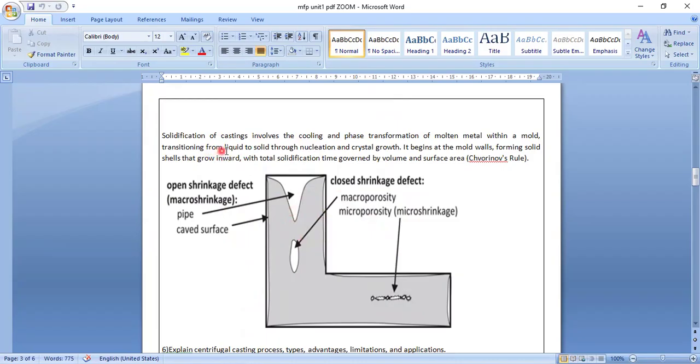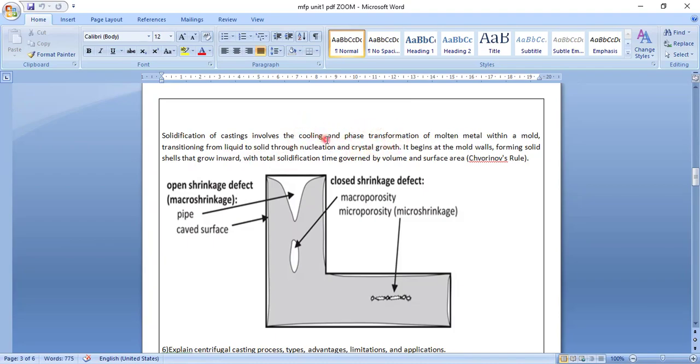As per the definition, these are solidification problems. Solidification of casting involves the cooling and phase transformation of molten metal within a mold. It transitions from liquid to solid through nucleation and crystal growth. So liquid becomes solid. It is a cooling phase, a phase transformation.